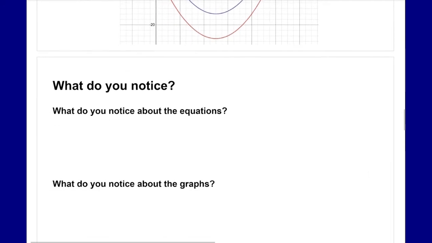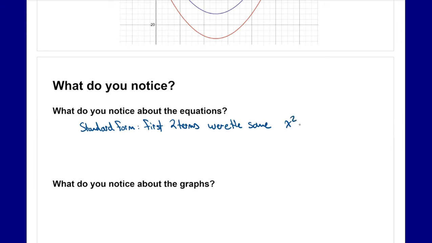So what we notice about the equations in standard form, the ones on the left, is that the first two terms were the same. They were all x squared minus 10x, and then they had something else after it.